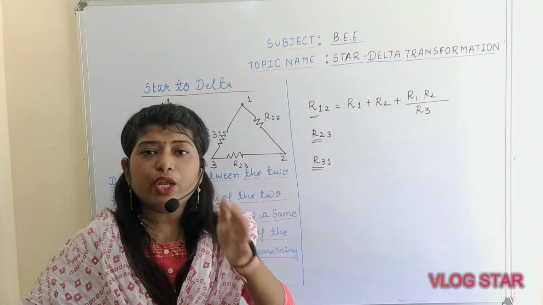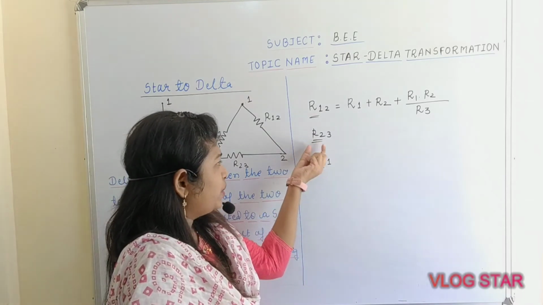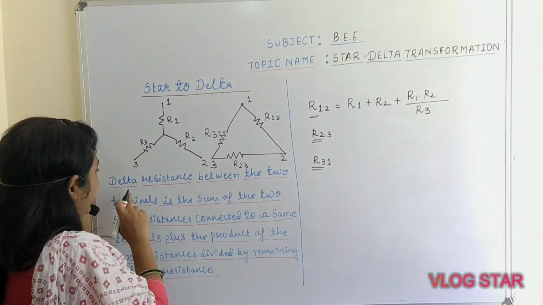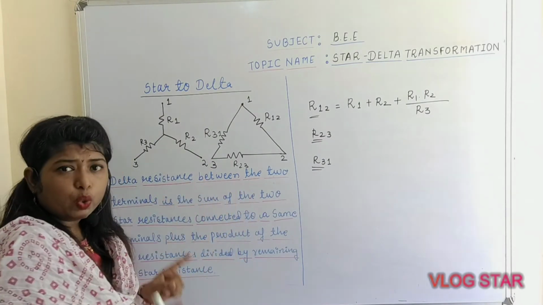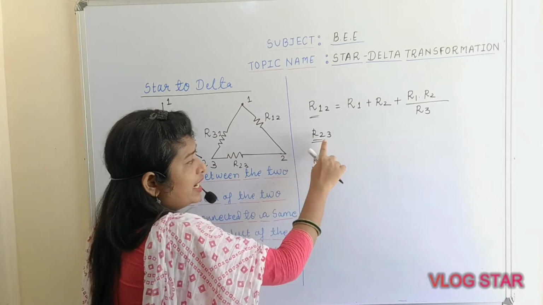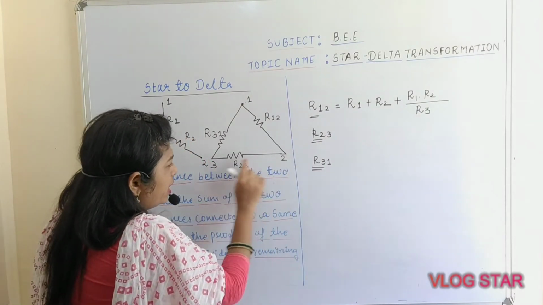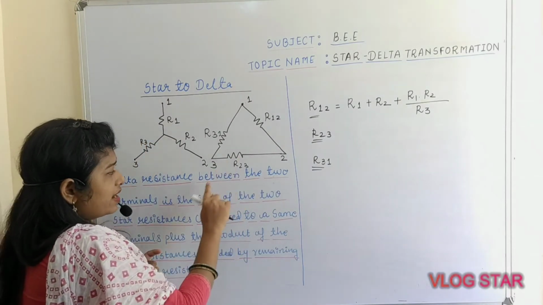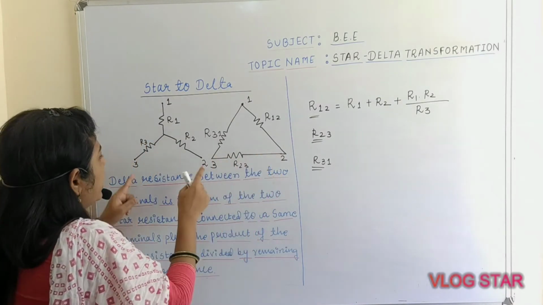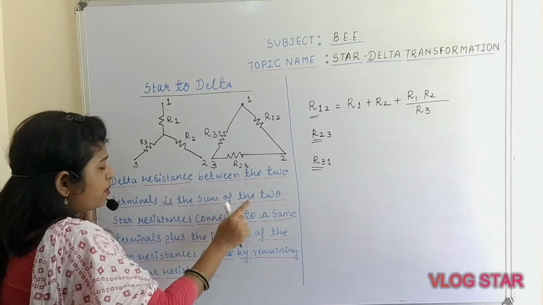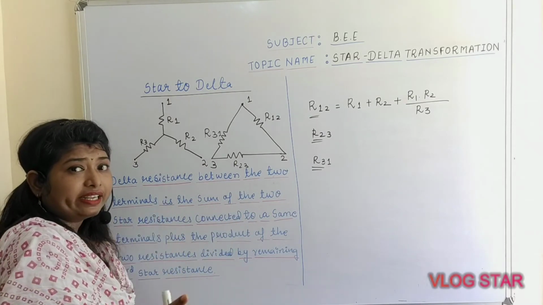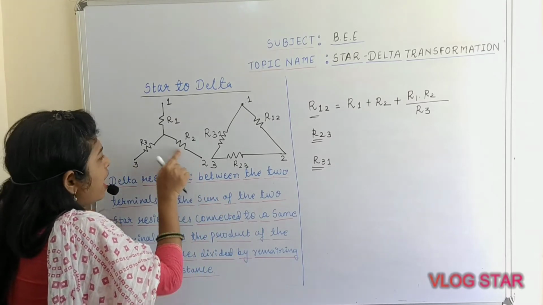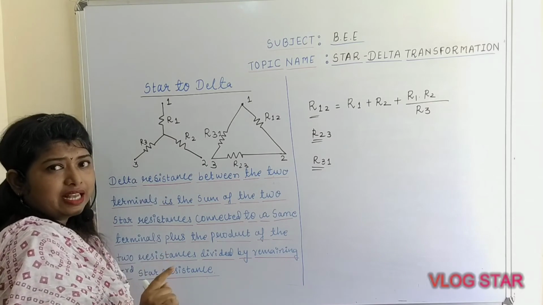Similarly, you need to tell me how you are going to calculate R2,3 and R3,1. As per this statement, the delta resistance is connected between two terminals. Now we need to concentrate at terminals 2 and 3, where R2,3 is there. The delta resistance between two terminals is equal to the sum of two star resistances connected at the same terminal. At terminals 2 and 3, R2 and R3 are connected.